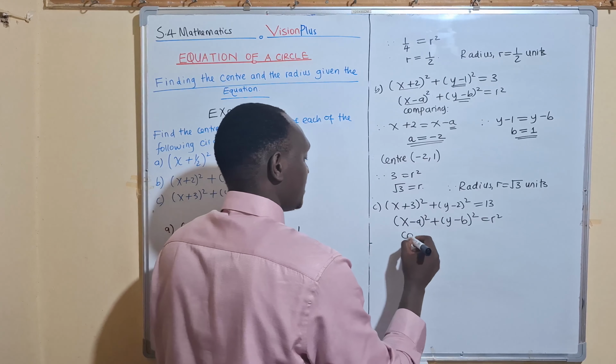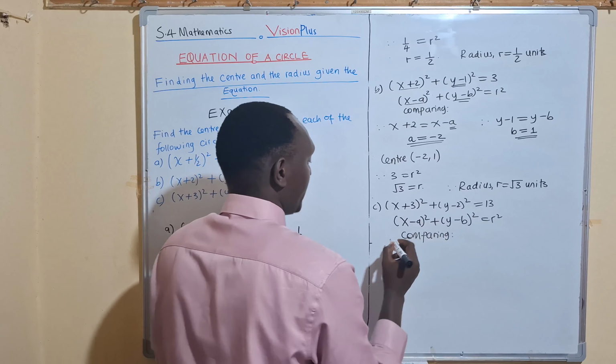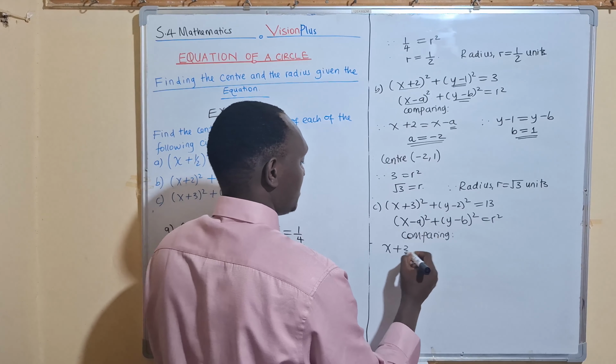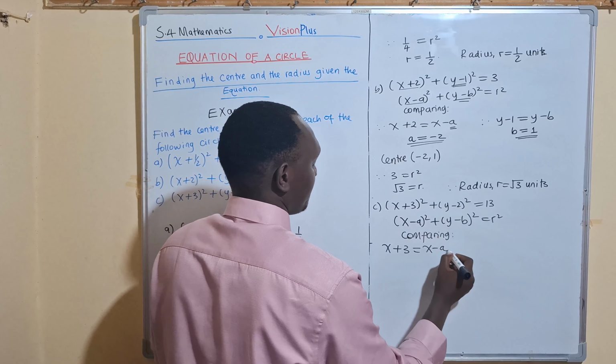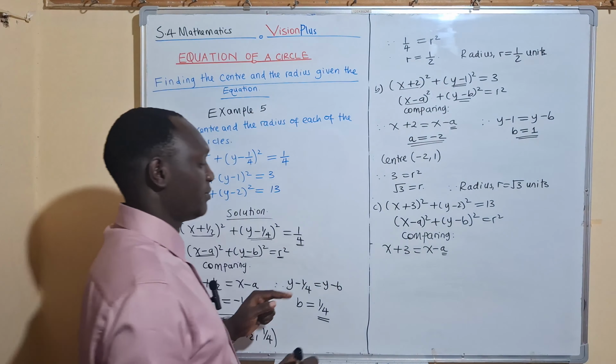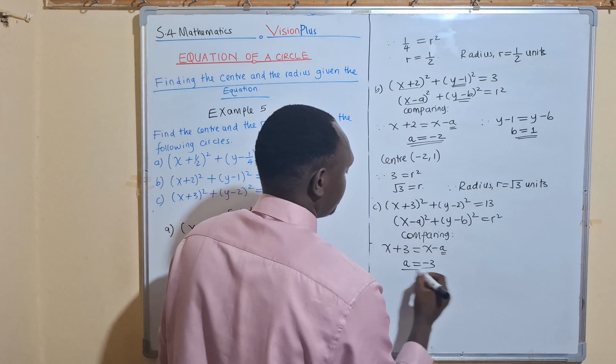Then on comparing the terms, x plus 3 corresponds to x minus a. Then you find a by making it the subject of the formula. In this case, a becomes negative 3.